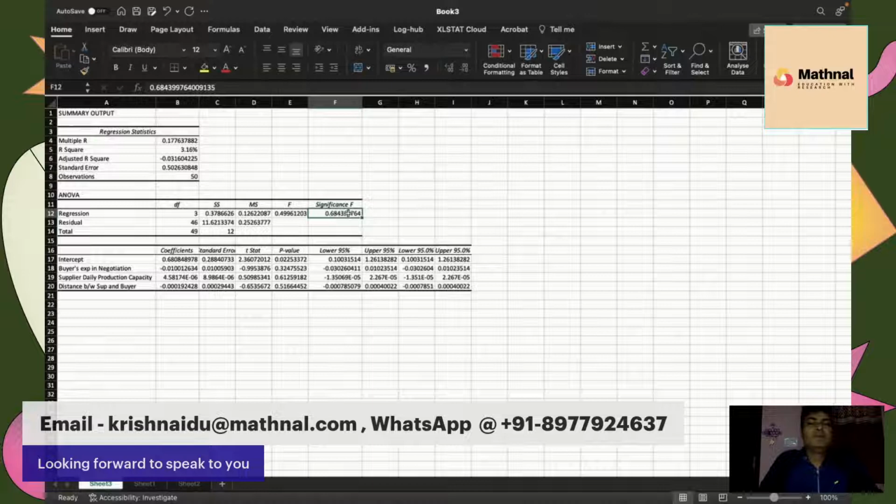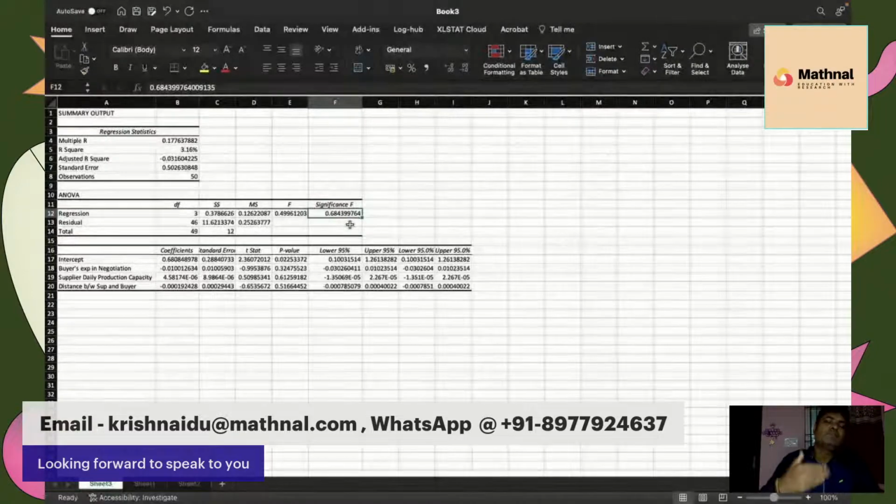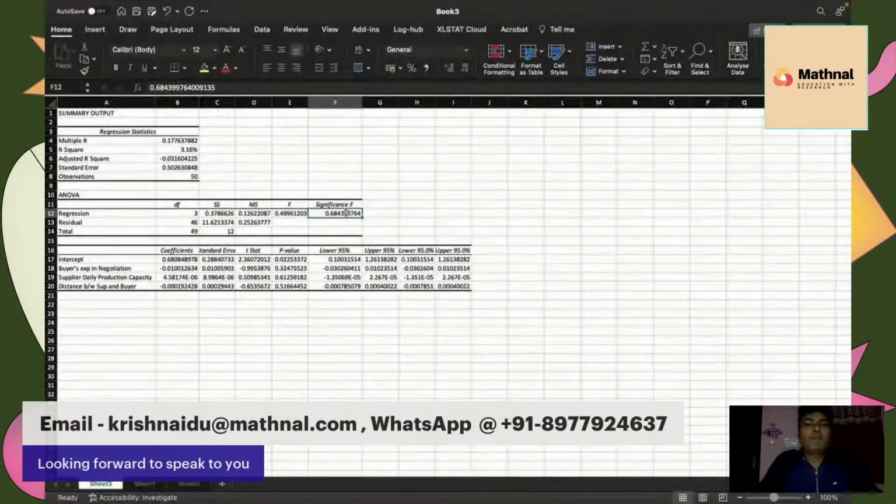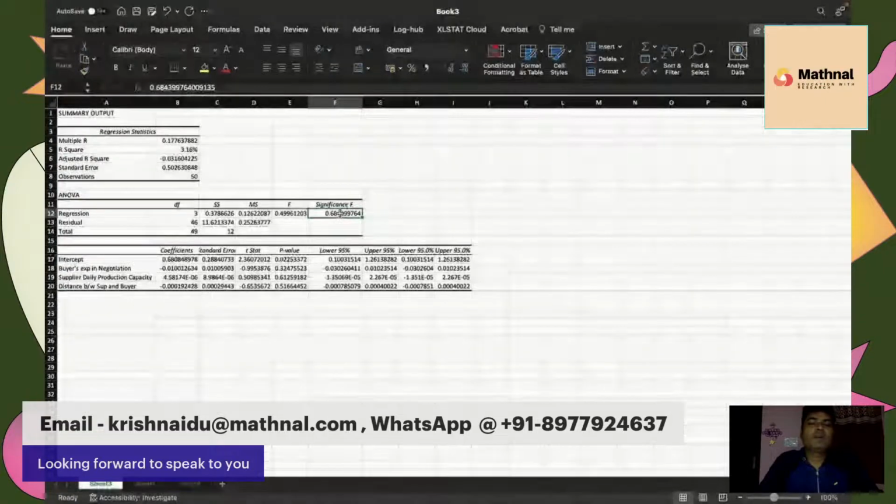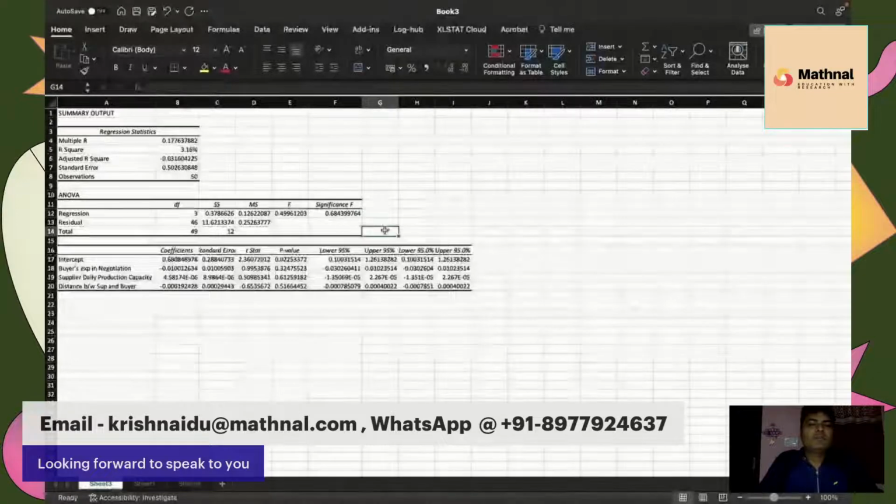Then we say that this value being below 0.05 means our variables, or causes, are explaining the deviations or variations on the effect in a proper way. That is the meaning of this. It means we have strong variables or strong causes. So this should be less than or equal to 0.05. But as of now, this is coming 0.68, which means it is more than 0.05, and at a very high level. So this is not a very strong model.